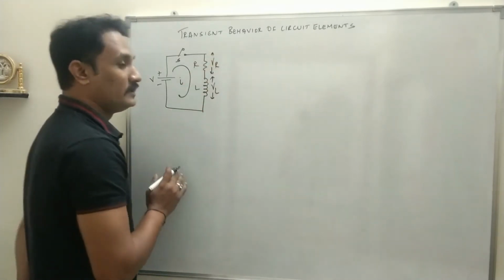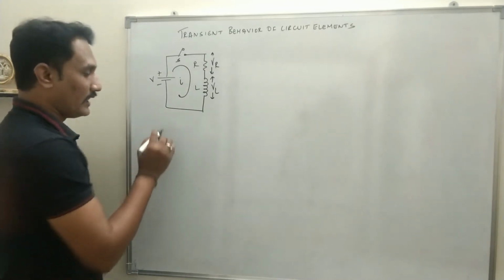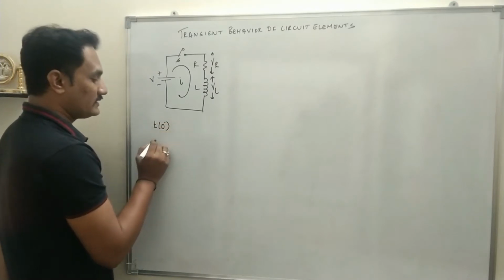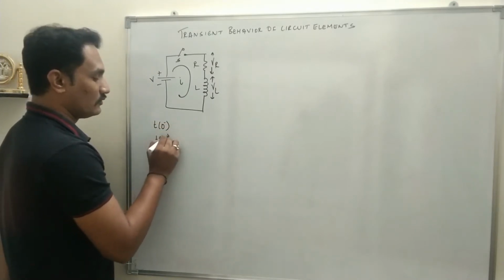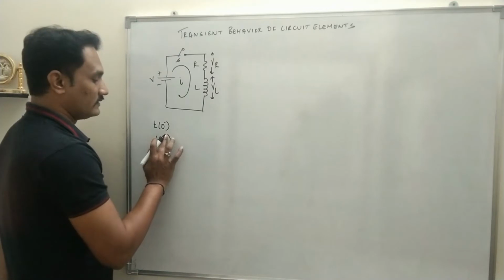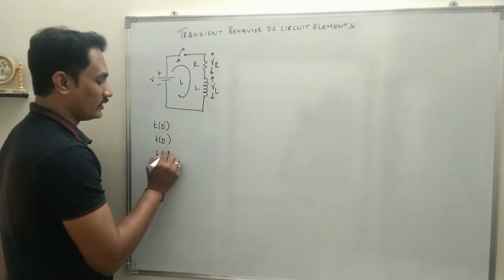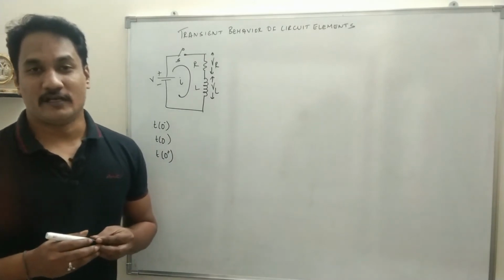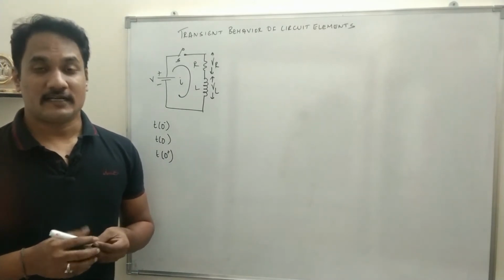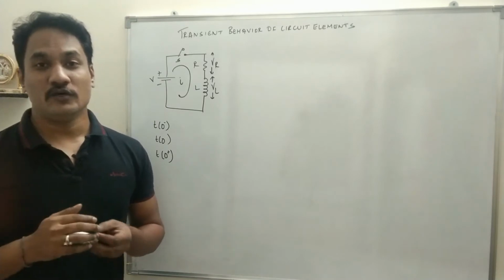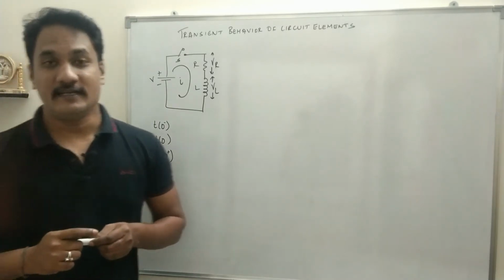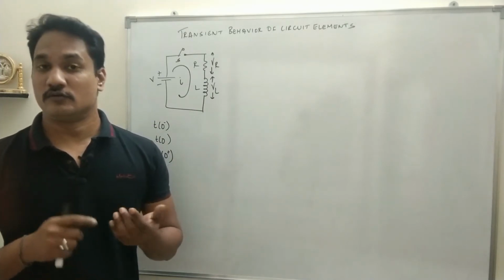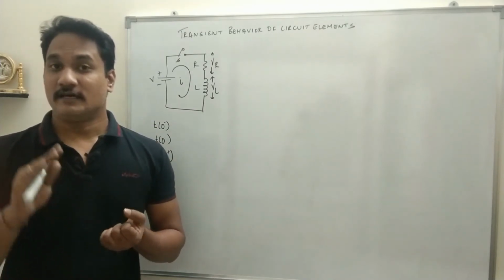Now we have to understand three conditions: t equals 0 minus, t equals 0, and t equals 0 plus. I have already given you an example so that you can relate to what we are trying to find out in the circuit. I gave you the example of a two-wheeler, where we have to understand the behavior of the vehicle.